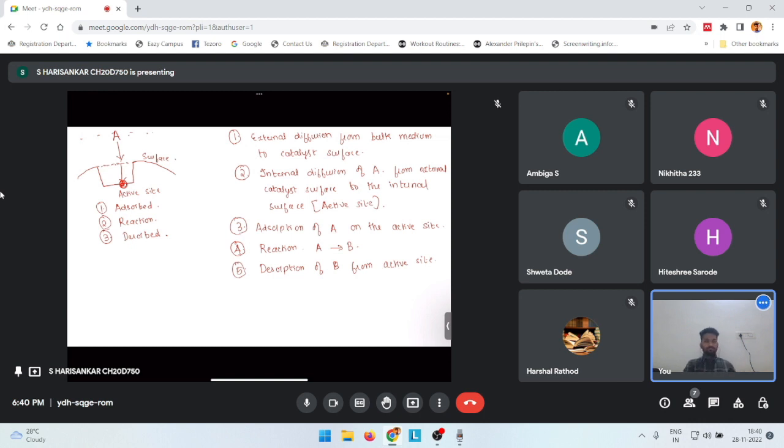Okay, once your products are formed, now your products have to leave the catalyst area and go back into the bulk. So that is the next two steps. The sixth will be internal diffusion that happens for B from the active site to the catalyst external surface.